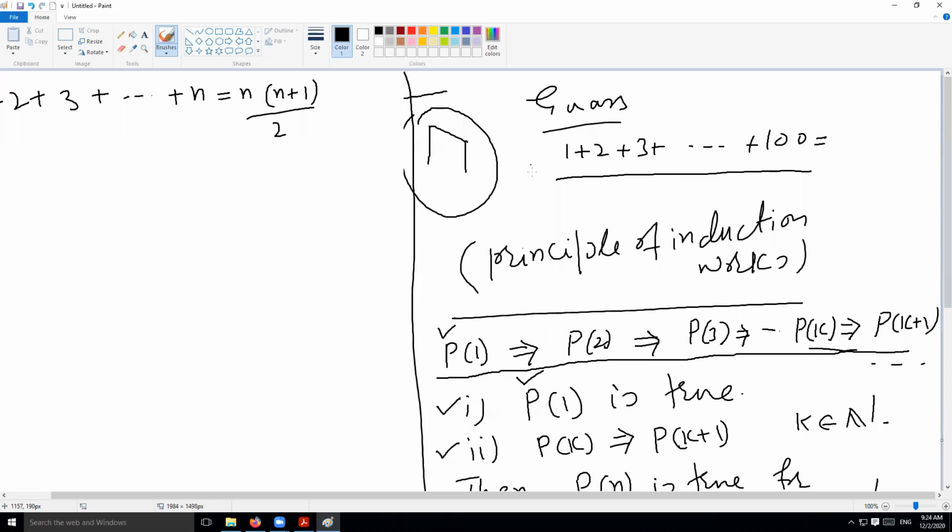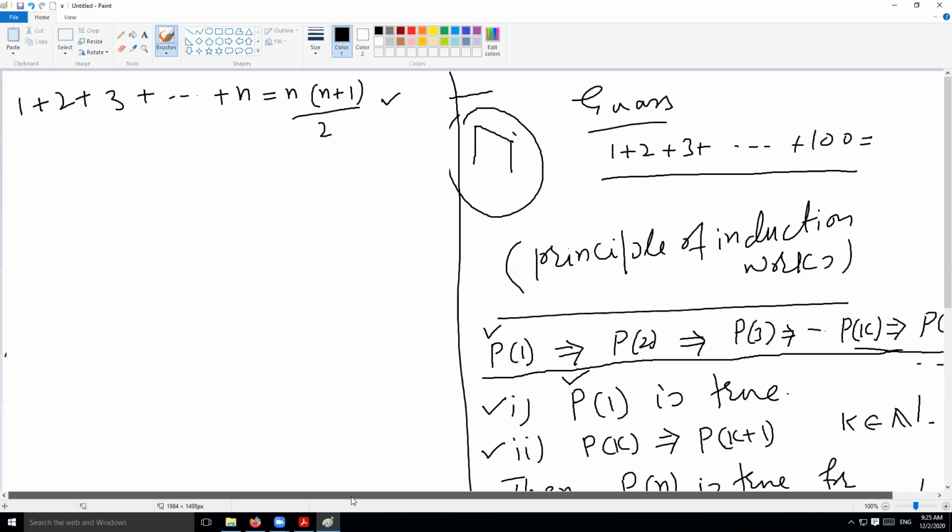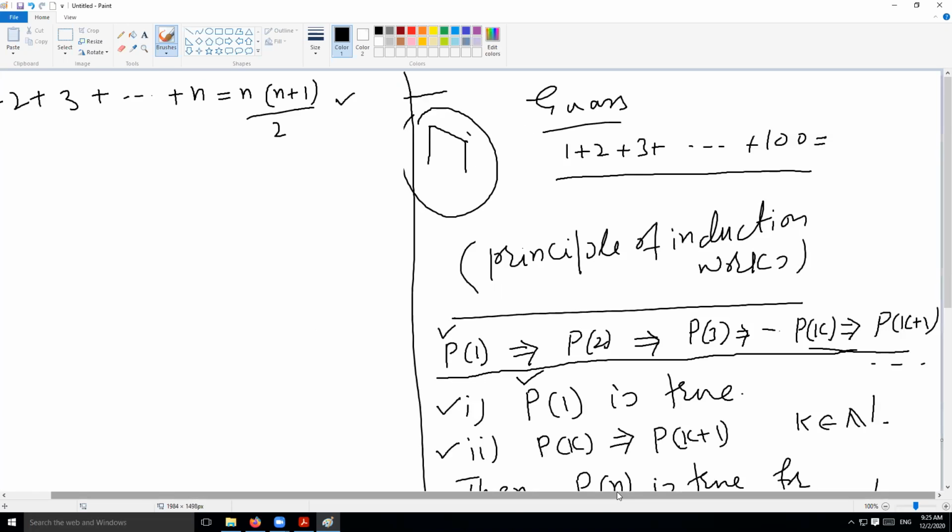Then he said that he observed a pattern: if you add the first n natural numbers, their sum is always going to be n times (n plus 1) over 2. So he quickly proved that this sum is going to be 100 times 101 divided by 2.